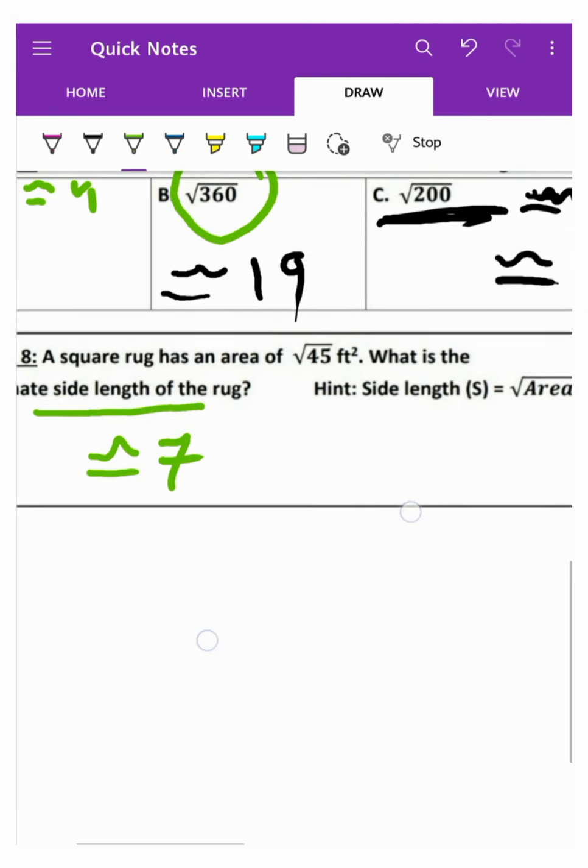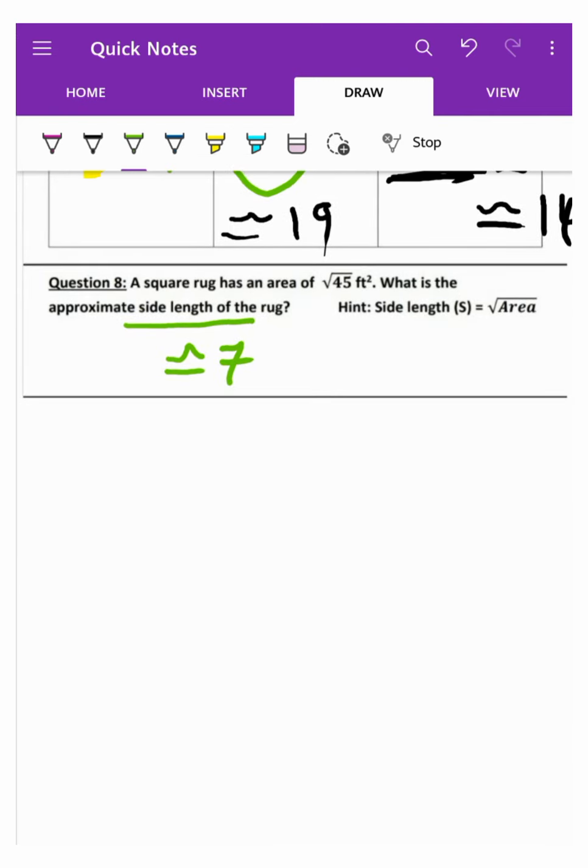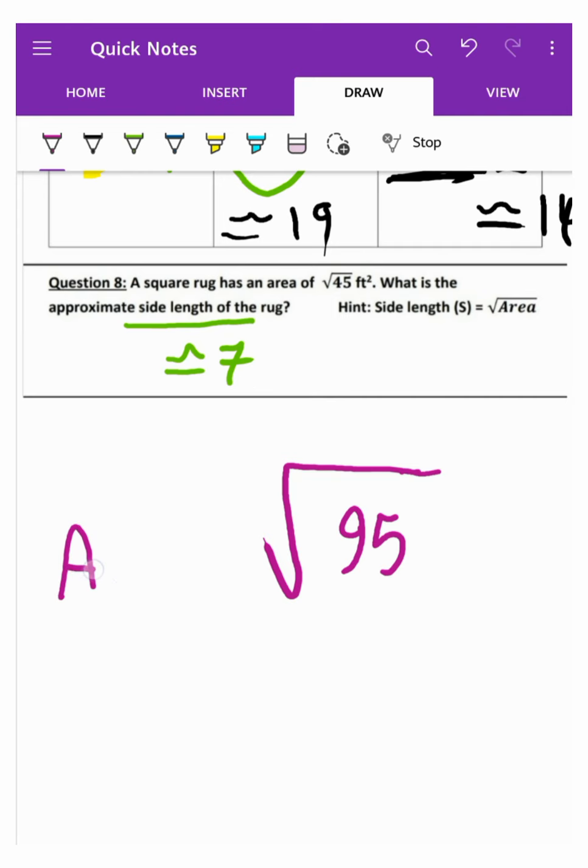Okay, one more question. He gives you the area of this square, the square root of 95. What is the length of the square side? Directly you look for this number between two perfect squares.